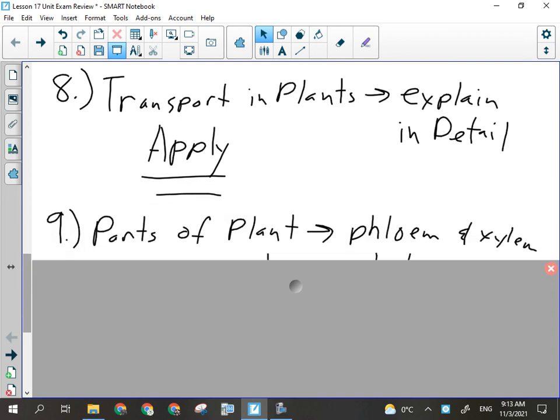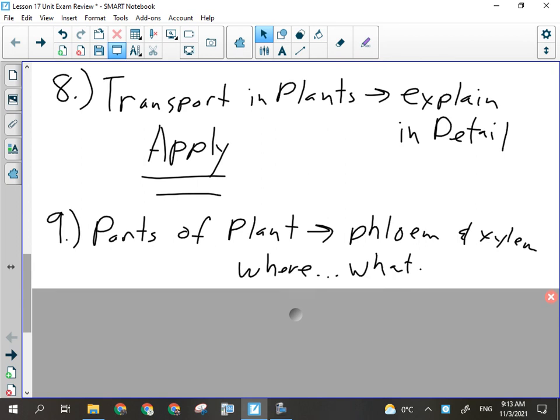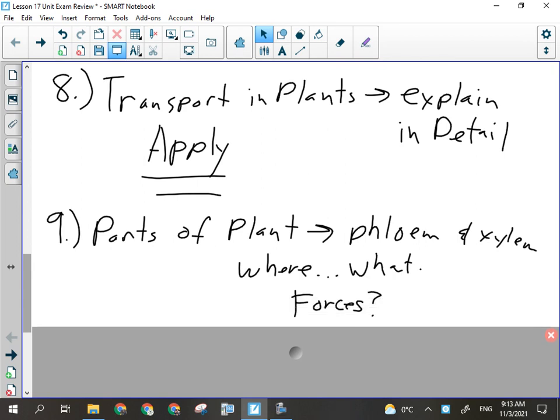All right. Parts of a plant. Phloem and xylem, you've got to know those: where they are, what they transport, and forces, so that's what we just talked about.